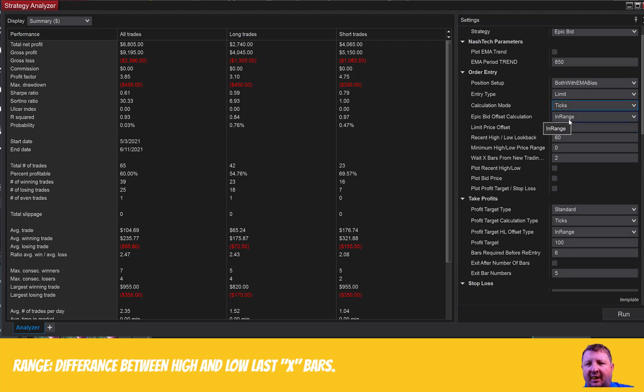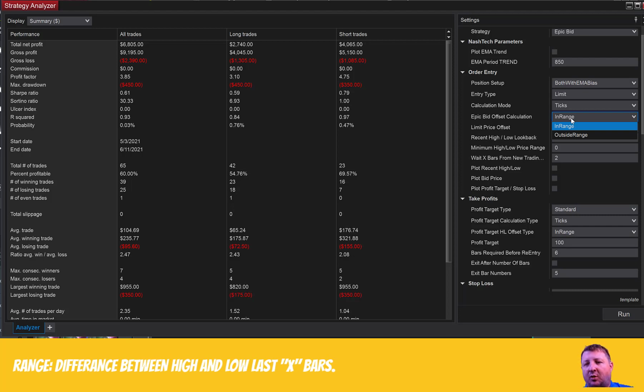Okay, the bid set offline calculation. I went over this in the summary, but what this is doing is saying the difference between the high and low. The high and low we're looking back is 60 bars. Let's say the high is 100 and the low is 80.